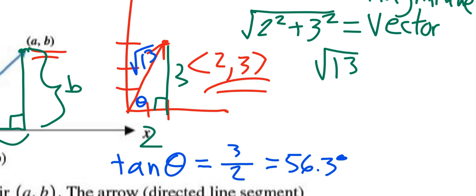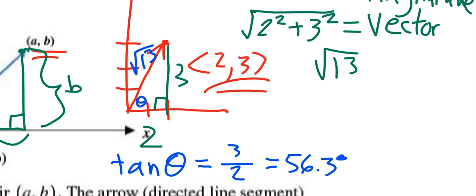We could do the law of cosines too. Yeah, we could do all three of them. But you're right, we don't have an inverse cotangent or inverse cosecant or inverse secant button. So we'd still have to change it into cosine, sine, or tangent. But yeah, we could use any one of those.